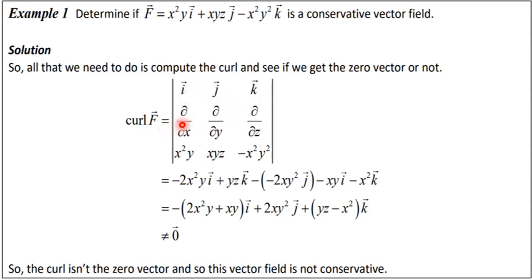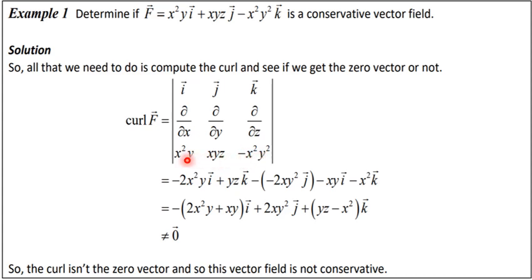In the second row we write del upon del x, del upon del y, del upon del z. With respect to i, the coefficient is x square multiplied by y, so we write x square y here. In j, the coefficient is xyz, so we write it here. And the k coefficient is minus x square y square.